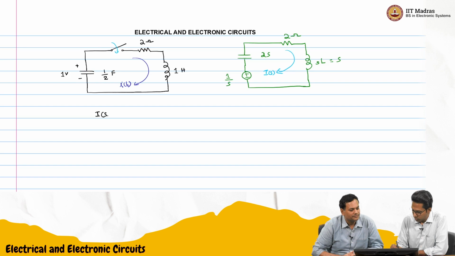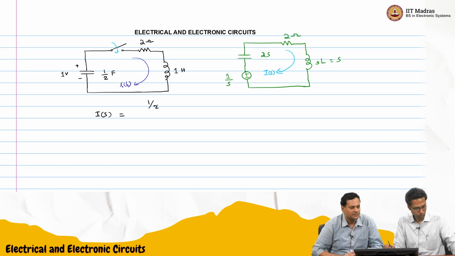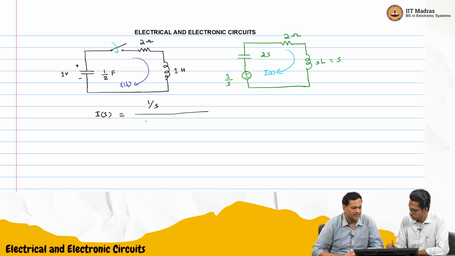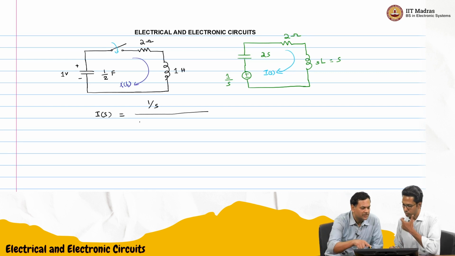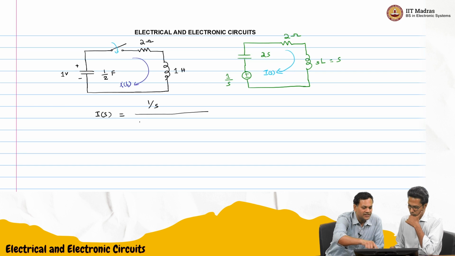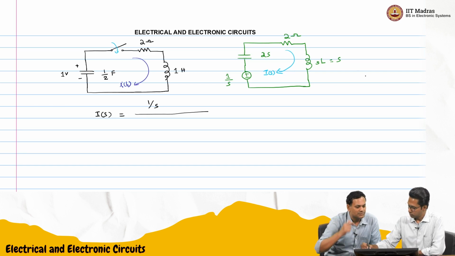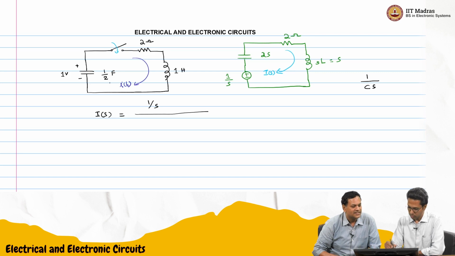So, I of S is equal to 1 by S, the voltage, divided by just the total impedance. Sorry, 1 minute. Something is wrong? This is 2 by S, I think. It is 1 by CS, the capacitance impedance. So 1 by CS, and C is half. C is half. Okay.